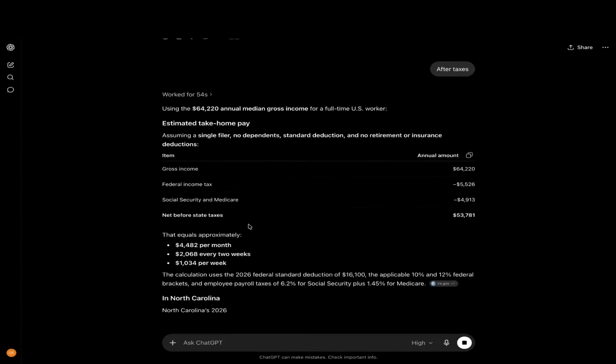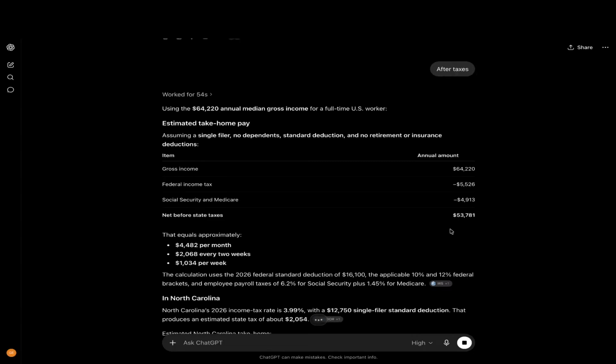Okay, so about $1,100 per week. That's on average, right? That's a significant amount of money because you got to think you have millionaires and billionaires, right?